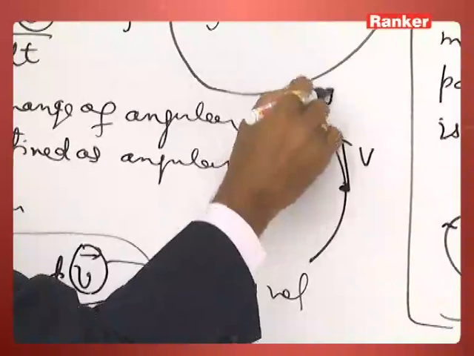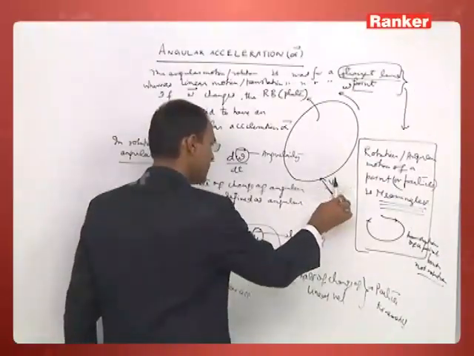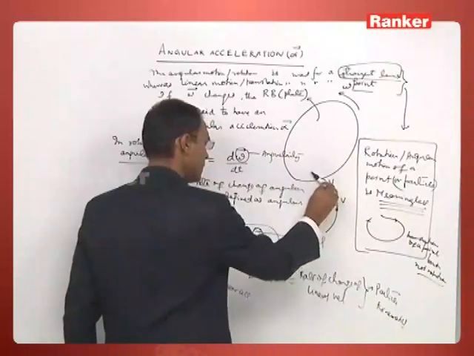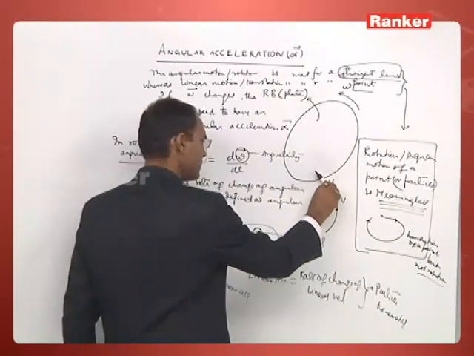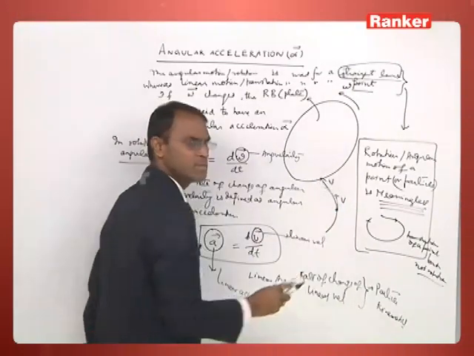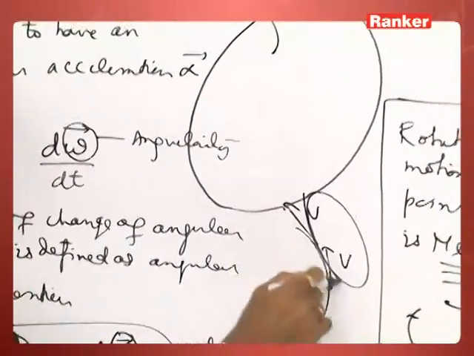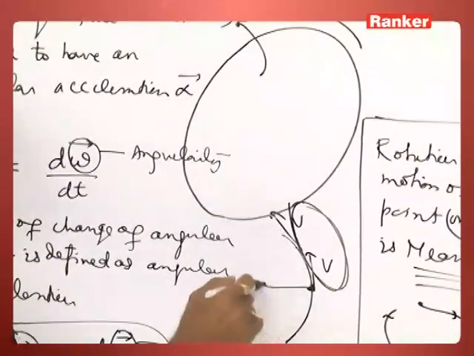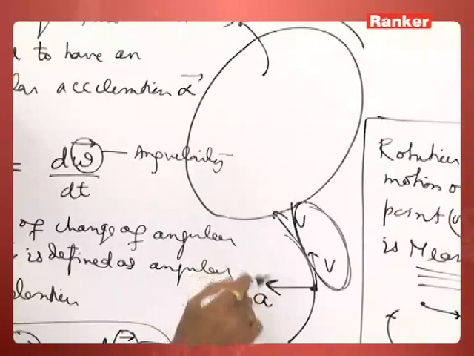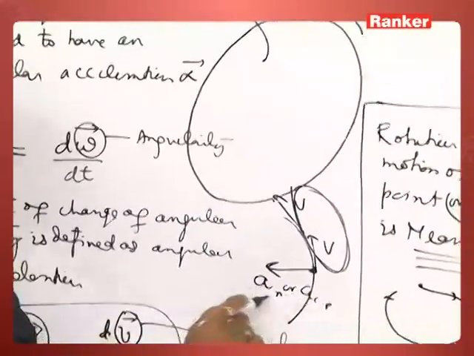If you keep the magnitude constant, the direction part is changing, because the angle of inclination of the velocity vector keeps on changing. Because of the change in direction, another acceleration comes into play, and that acceleration is called normal acceleration or centripetal acceleration for circular motion.